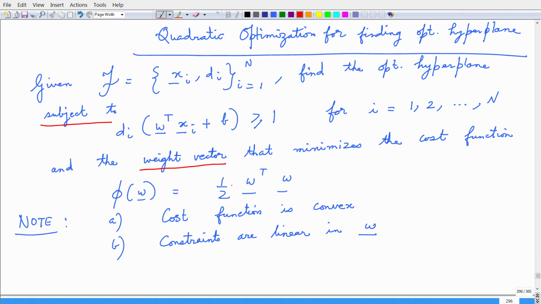This is a quadratic function, it is convex, and the constraints are linear in W. So, these are my constraints: di times (W transpose xi plus b) is greater than or equal to 1 for all examples i equals 1 to n.